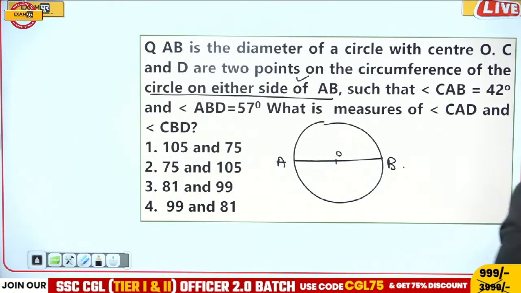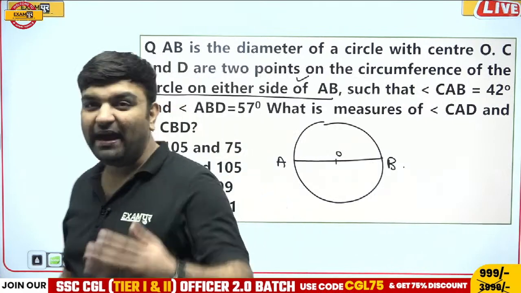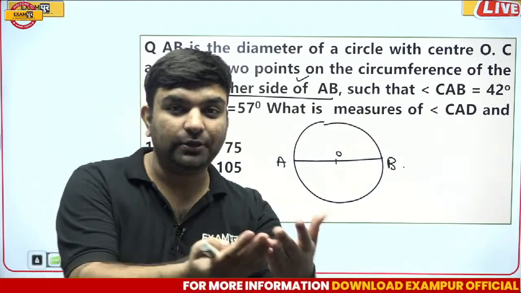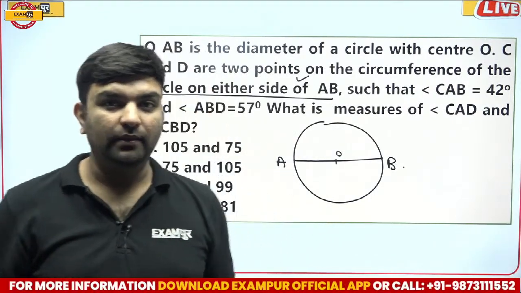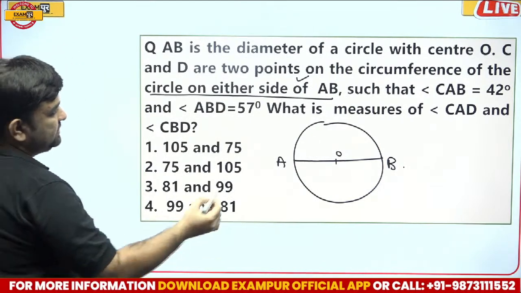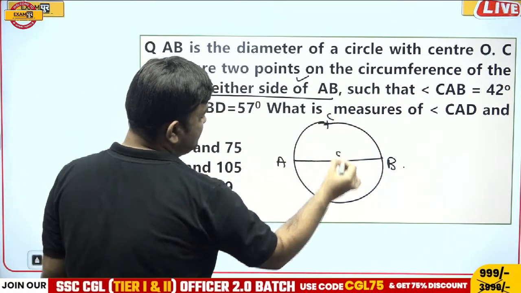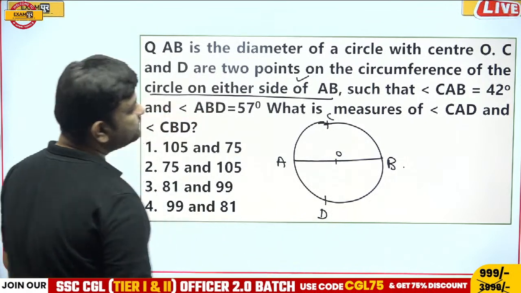Either side means opposite side. Either of you, either of us, either you or me. Opposite sides. So let's suppose C is here, D is here.